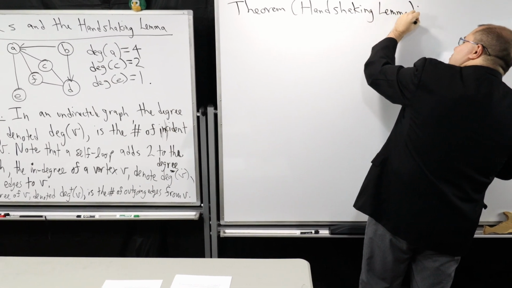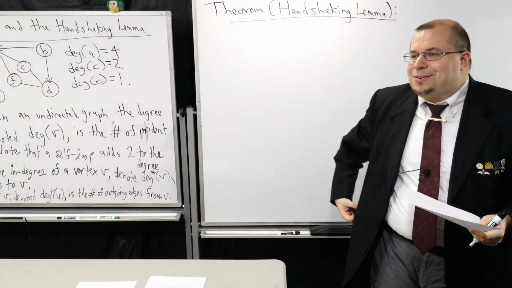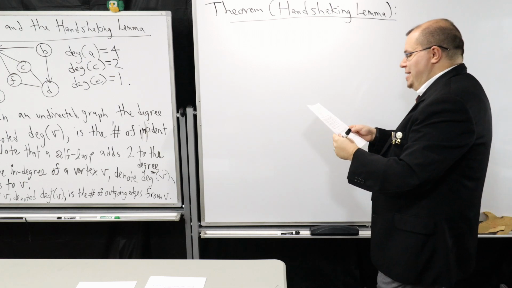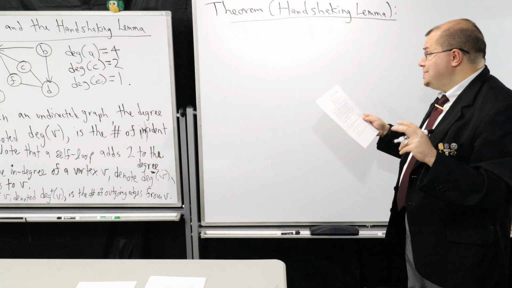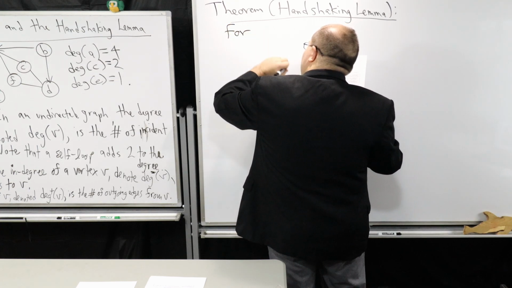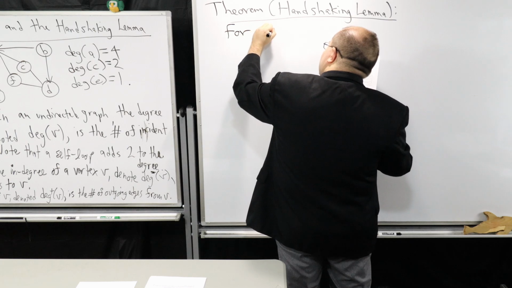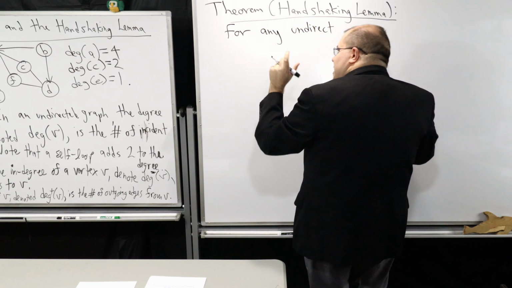It's so simple to prove that a lot of people like to give it different names just because of how cute and applicable it can be in many different circumstances. I call it the handshaking lemma because that's usually how the proof all goes. But let me describe this for you. For any undirected graph, and when I say any, I literally mean any.